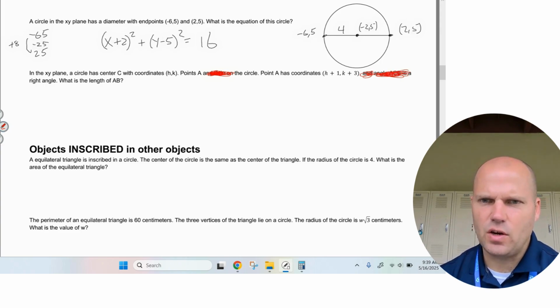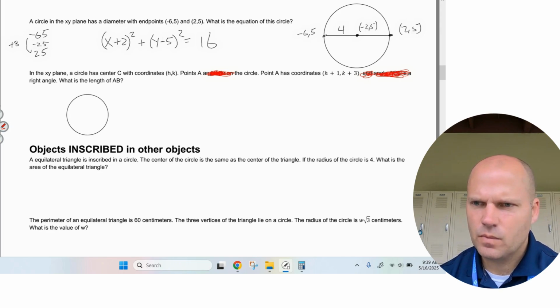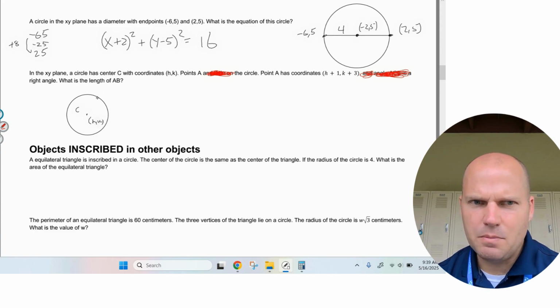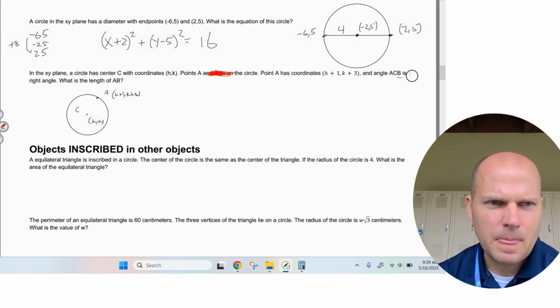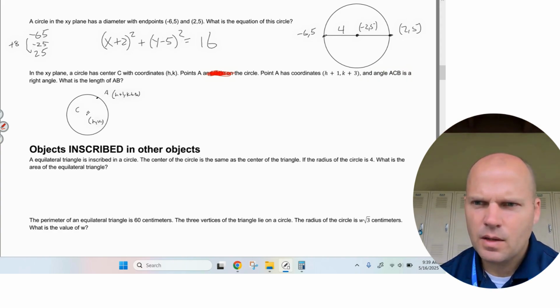I wonder if I could actually solve this question. Let me see. We got C is (h, k). We got A is (h plus 1, k plus 3). And we got this point B. Oh, I mean, you can do this.